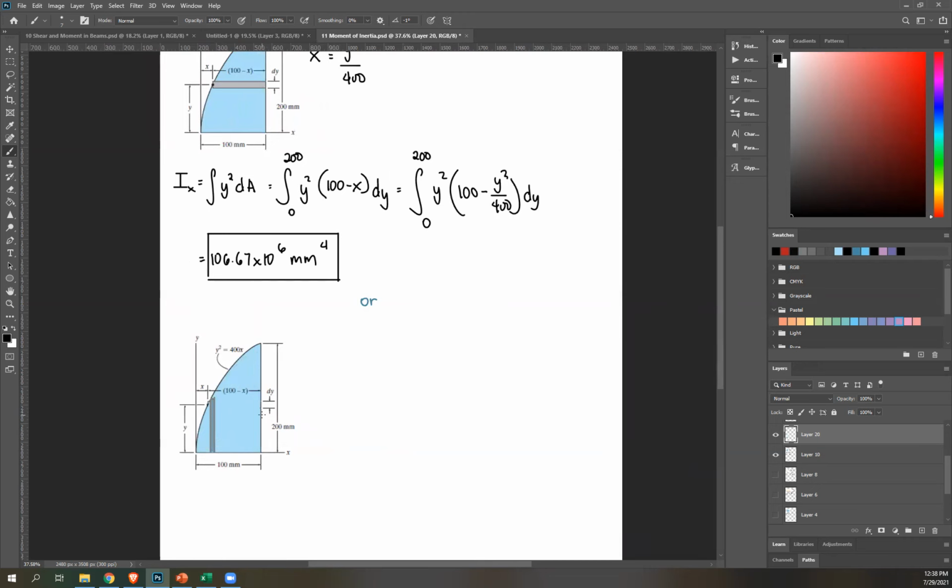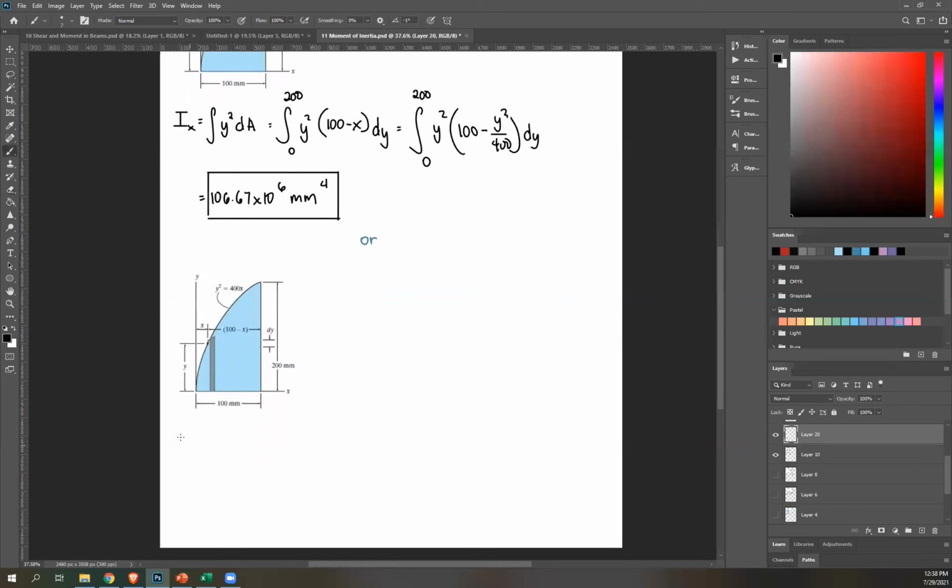Your total shape is made up of the summation of your differential rectangles. That means total moment of inertia about the x-axis is the summation of your differential moment of inertia of each rectangle. So since this is differential area instead of summation, that's an integral of the differential moment of inertia of each rectangle.